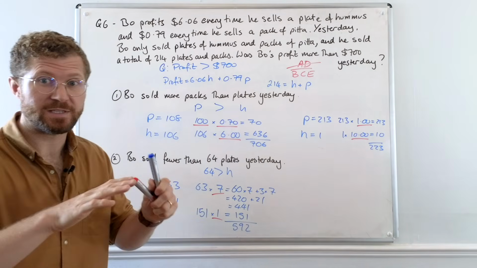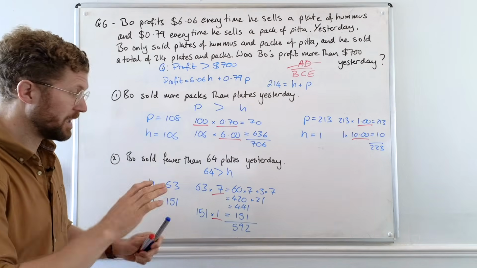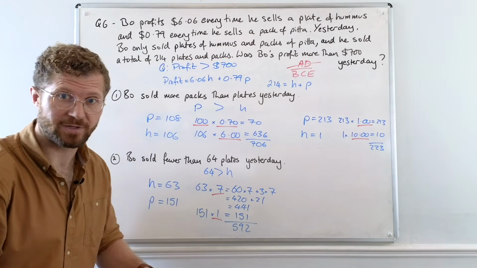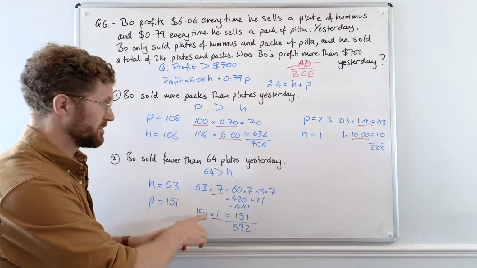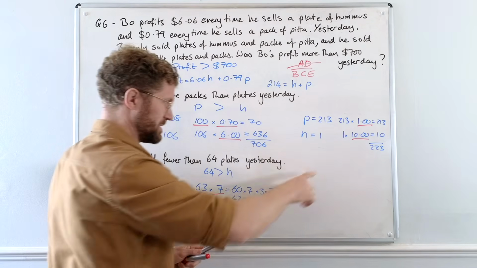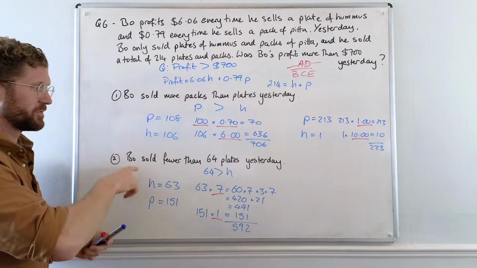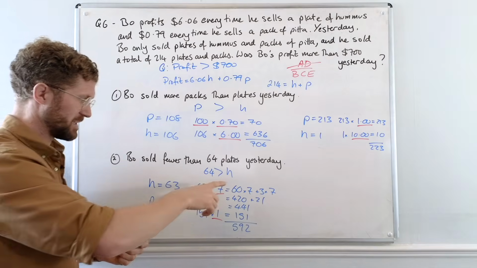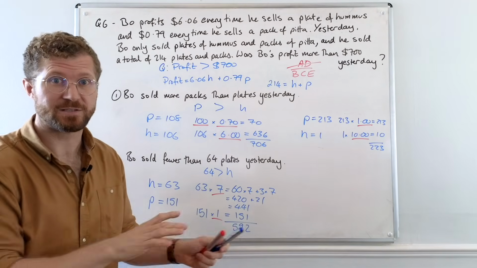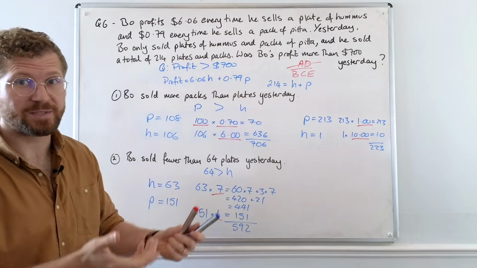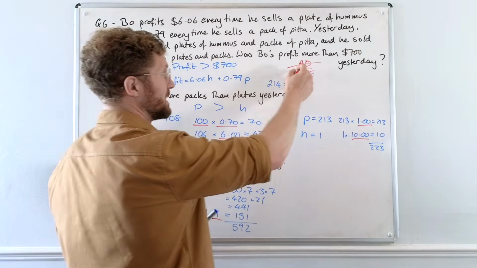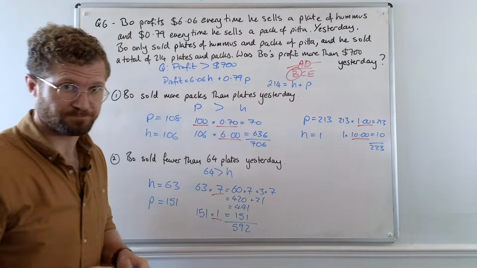I know the real value is even less than 592. I know the real value is definitely under 700. So if Bo sold fewer than 64 plates of hummus yesterday, then he definitely made less than $700 profit. That means statement 2 is sufficient, and so the answer to this question is going to be B.